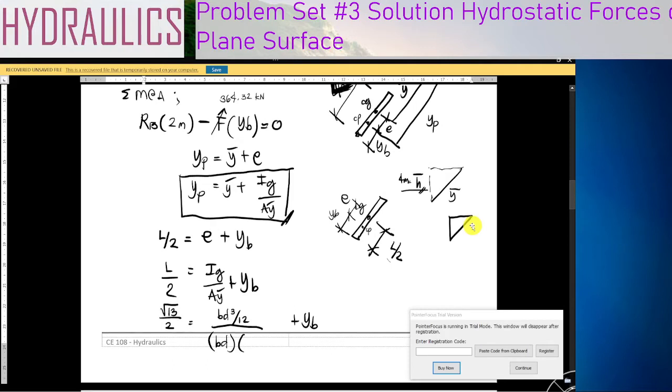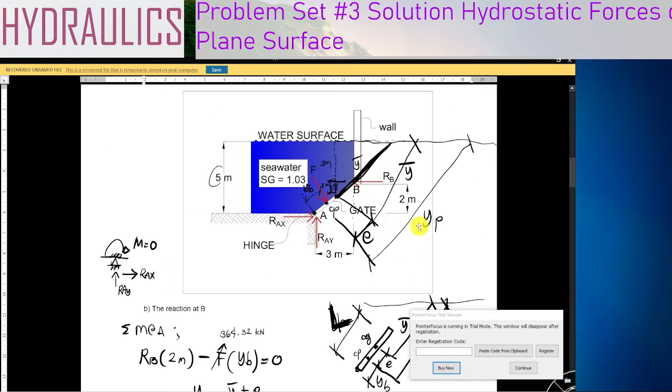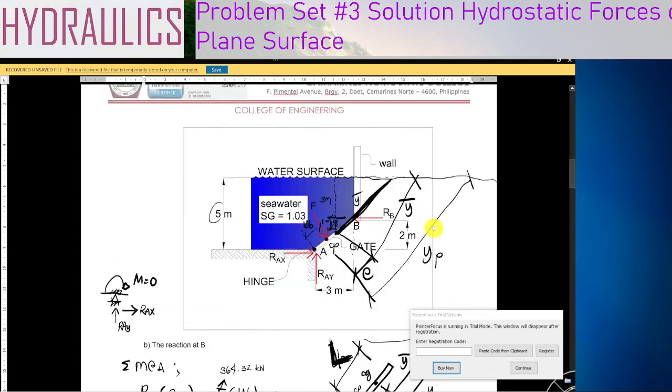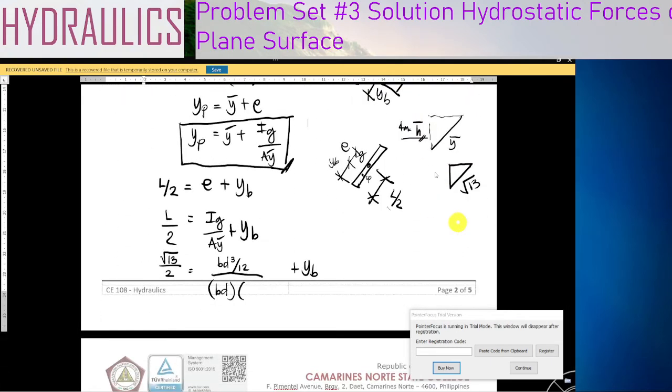Then, when you get to the rectangular gate, this is the square root of 13. Then, what is the height? 2 meters. So, square root of 13 and then 2 meter height. Similar triangle property.